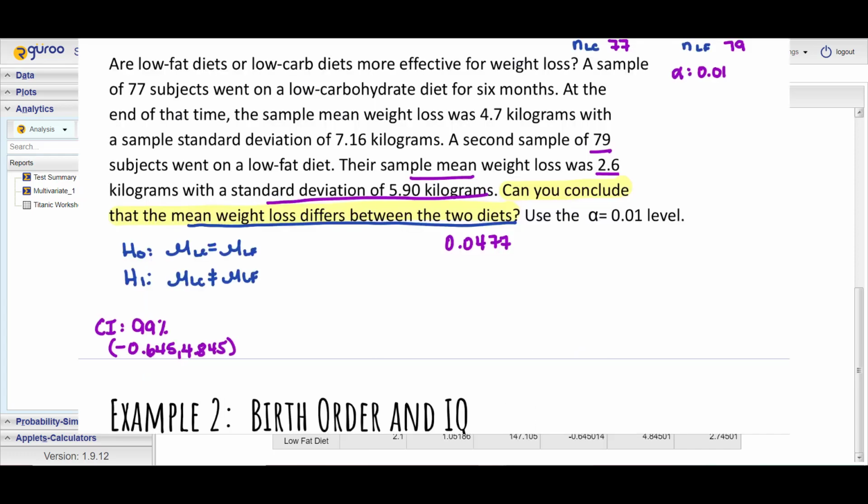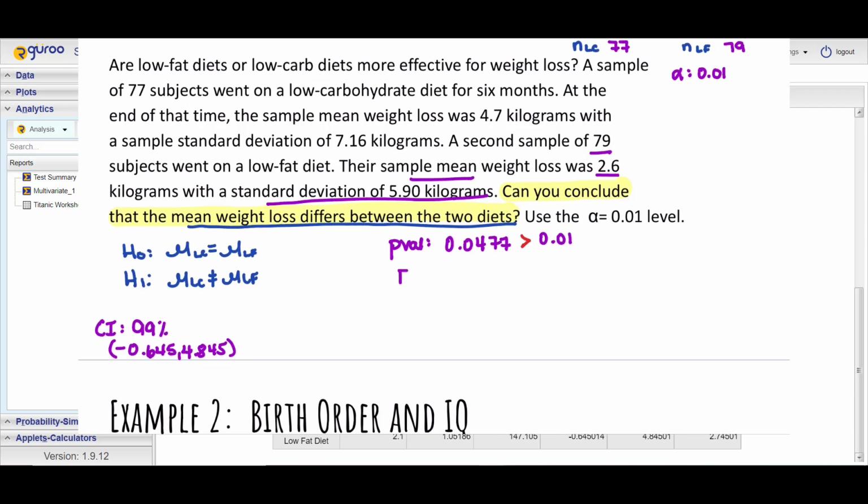Okay, so this was the p-value right here. And when we're comparing, it is greater than our significance level of 0.01. It's greater. And so what do we do when it's greater? We fail to reject the null.